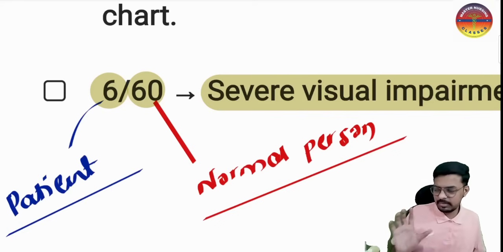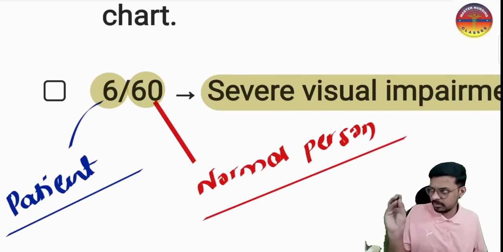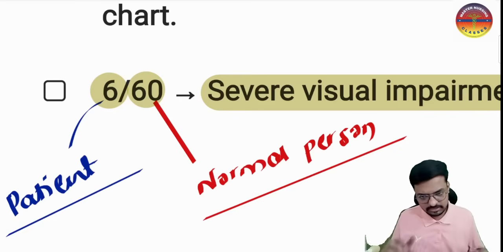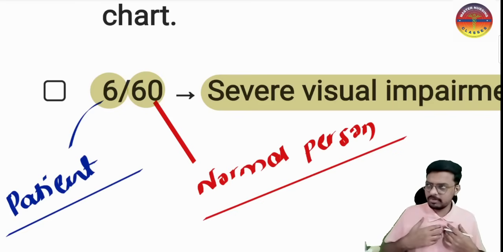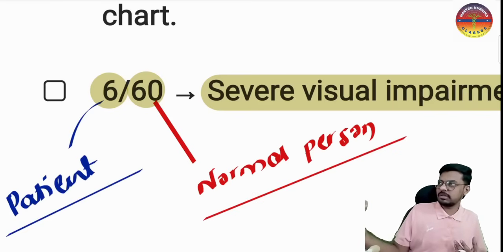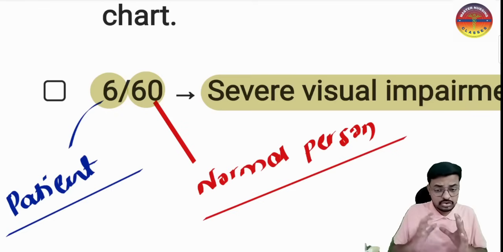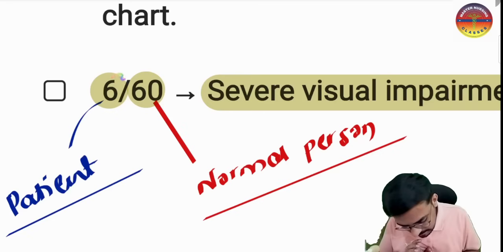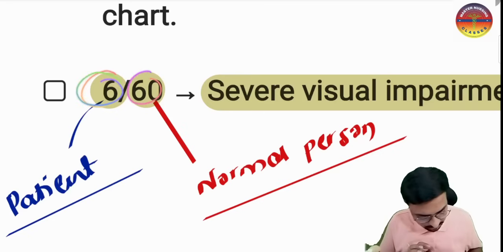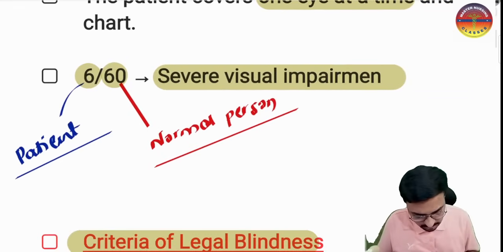When we bring him close to the object, to 6 meter, at that time he is able to see. So if I am able to see one object from 60 meter distance, and the patient is unable to see that one and is able to see it only from 6 meter distance, that is what I can say is a legally blind patient or a severely visually impaired patient.